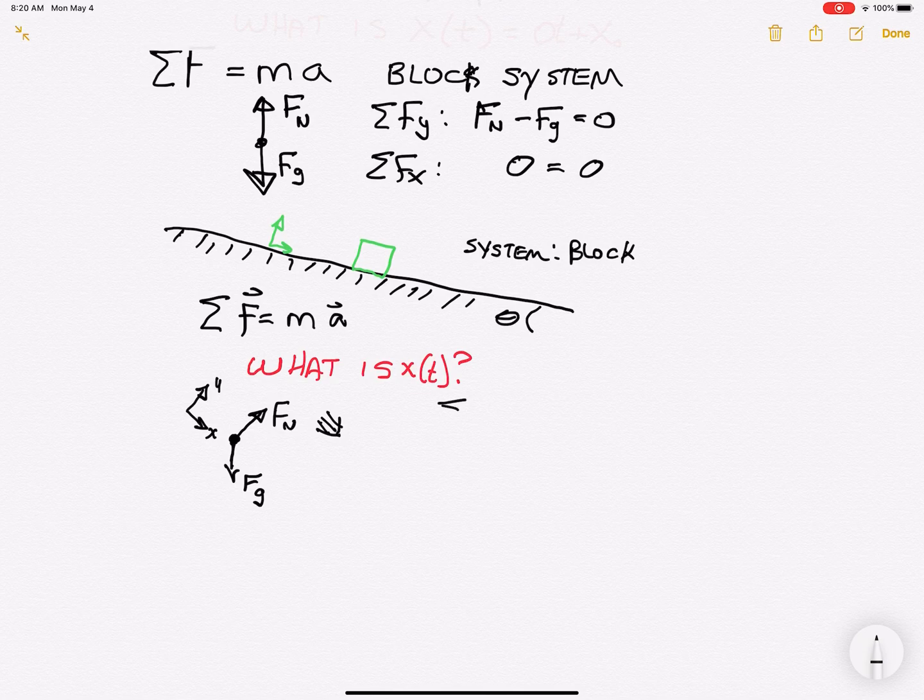Thus we will sum the forces in the x direction, and we will sum the forces in the y direction.